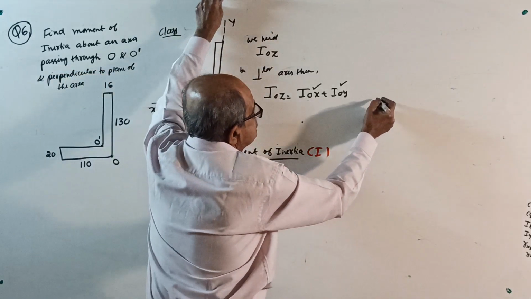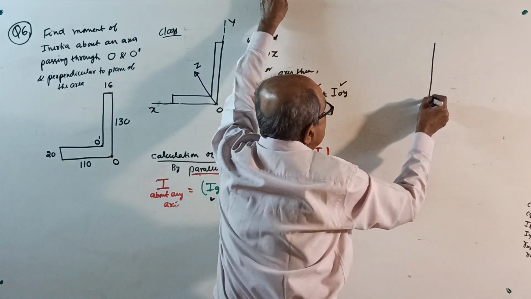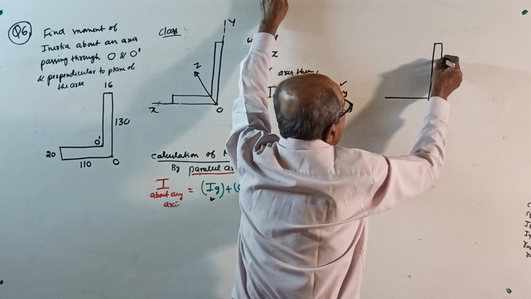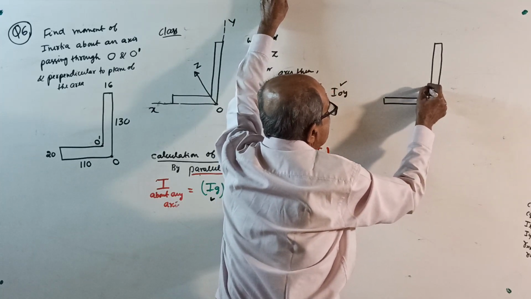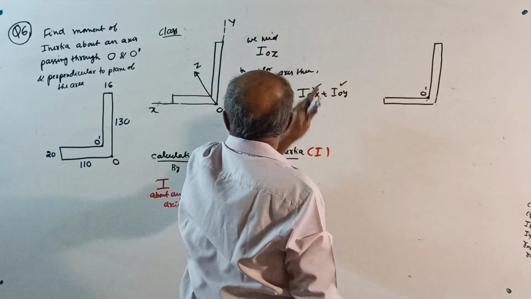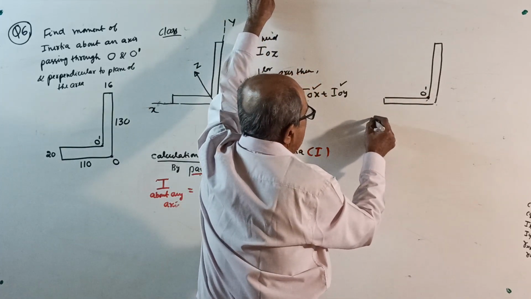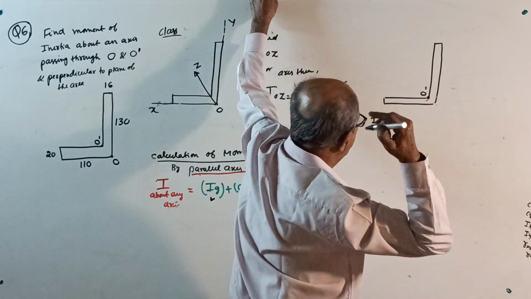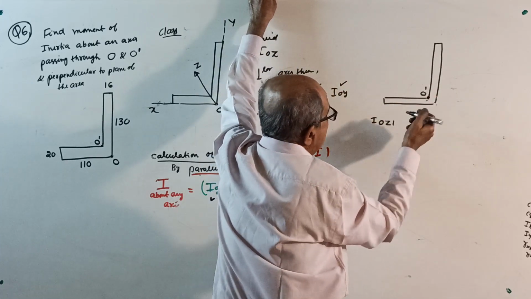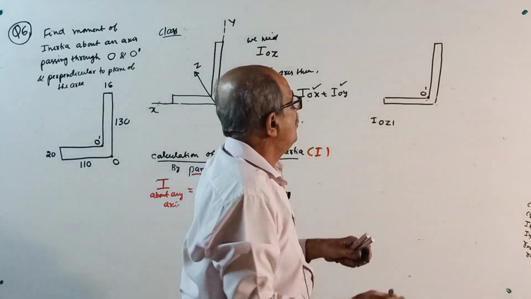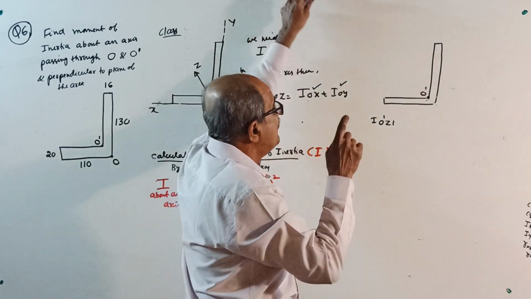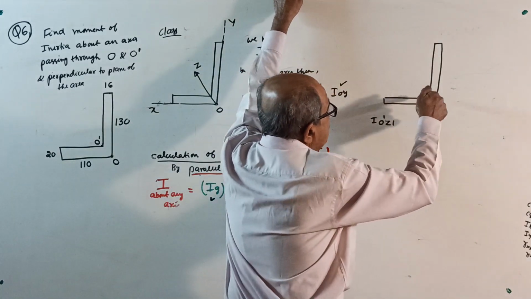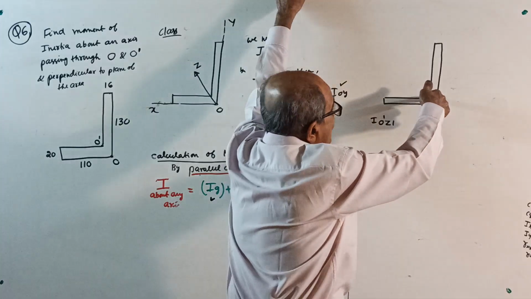Then one more note. They also want, point O is here, O dash they called it. They also want I about O dash Z dash. They also want the moment of inertia about an axis passing through O dash perpendicular to the plane.